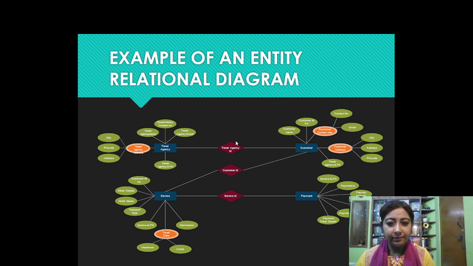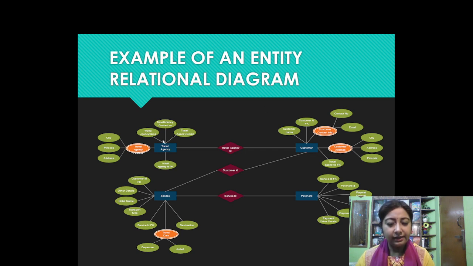The diamond shapes, or rhombus, are called relationships. The oval shapes are known as the attributes, and some of the attributes have a double oval, so they are called multi-valued attributes.